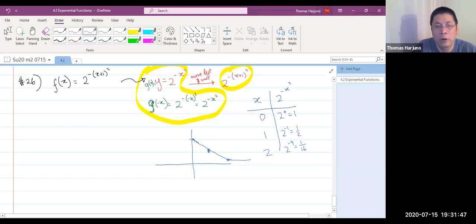Later on, I will reflect that. Now this will give me 2 to the negative x squared. From there, I will move this 1 unit to the left, or another way to look at that is moving the y-axis to the right 1 unit. So the graph later on will look approximately like this.